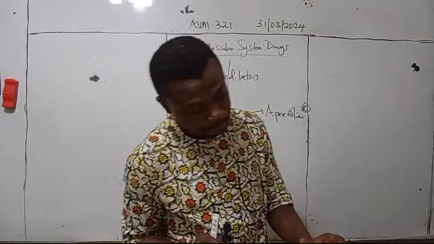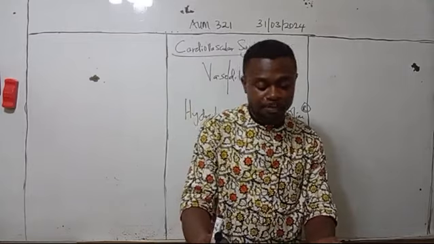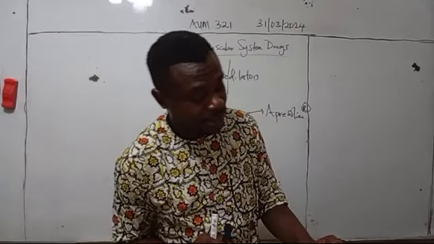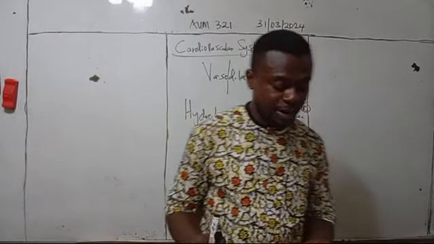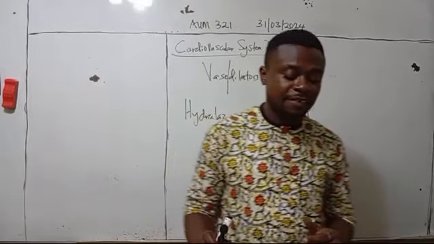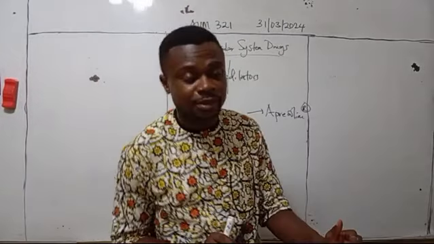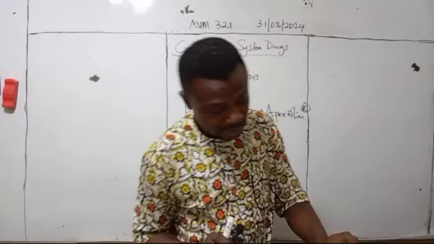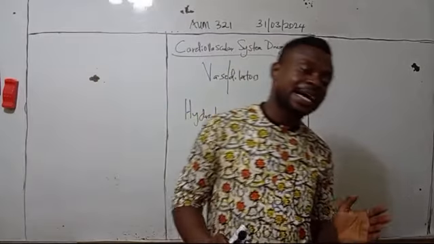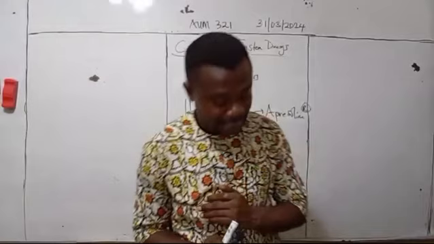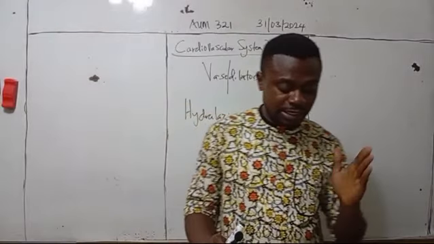Okay, let's look at isoxsuprine hydrochloride. Here we have it as 10 milligram and 20 milligram tablets. It can be used 3 to 4 times a day, 10 to 20 milligram. We also look at minoxidil.